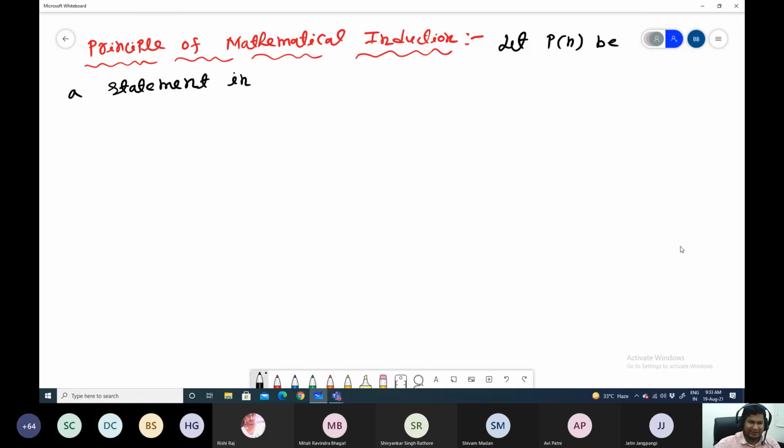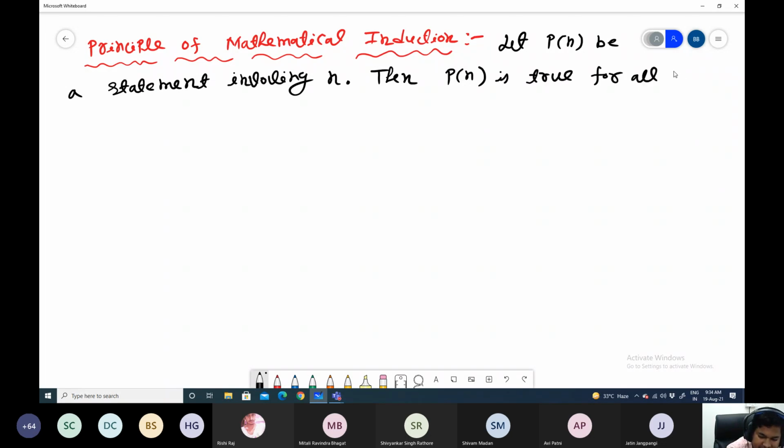Right, I got disconnected again. Okay, fine. So let Pn be a statement involving n. Then Pn is true for all natural numbers n if the following two conditions hold.